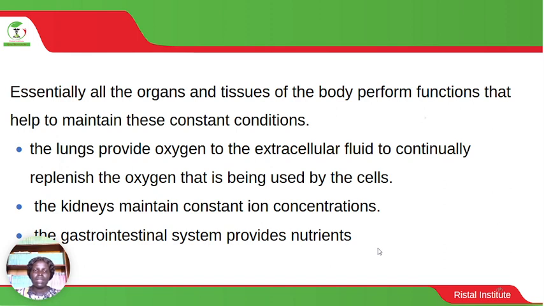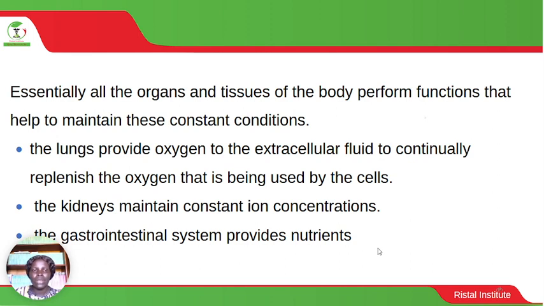Then the kidneys maintain constant ion concentrations. The gastrointestinal system provides nutrients. So you can see that all systems of the body work hard towards maintaining the homeostatic state of the body, to make sure that everything in the body is in balance.